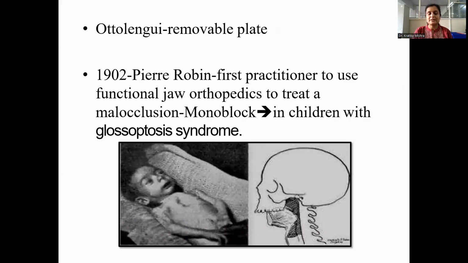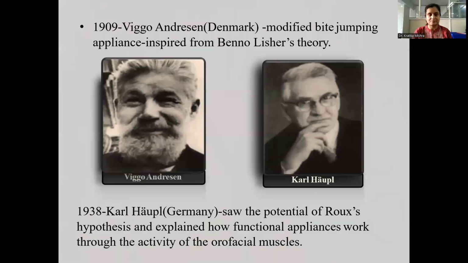Then in 1902, Pierre Robin was the first practitioner to use functional jaw orthopedics to treat a malocclusion, that is the monoblock, in children with glossoptosis syndrome. In 1909, Viggo Andresen modified bite jumping appliances inspired from Benno Lischer's theory.